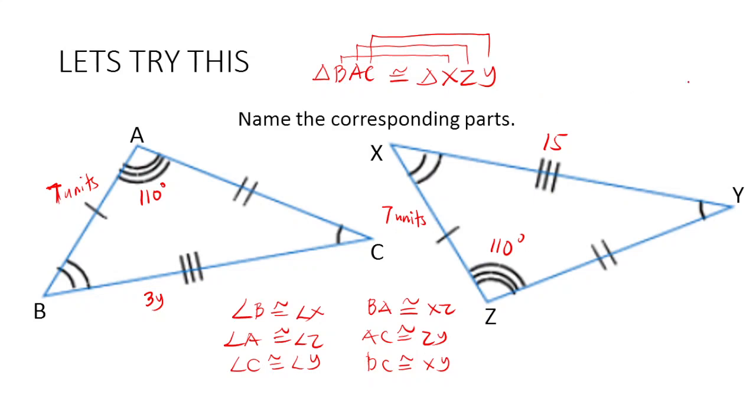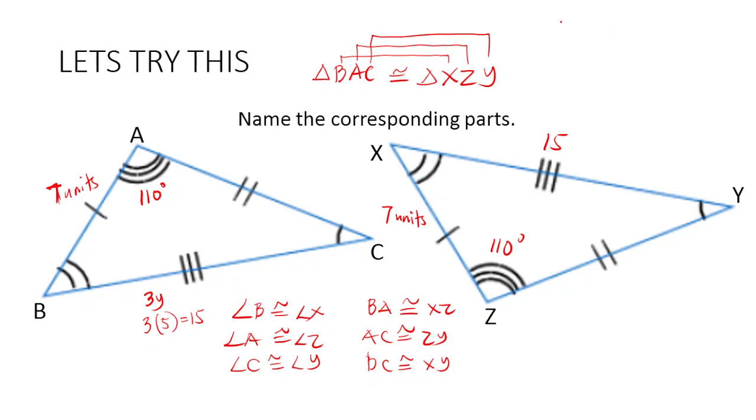Pwede mo ba ikwento? Okay, kasi itong 3 and y daw, pagka pinalitan natin daw yung y ng 5, equals to 15. At dahil si BC daw at saka si XY ay congruent, dapat equal sila ng measurement.